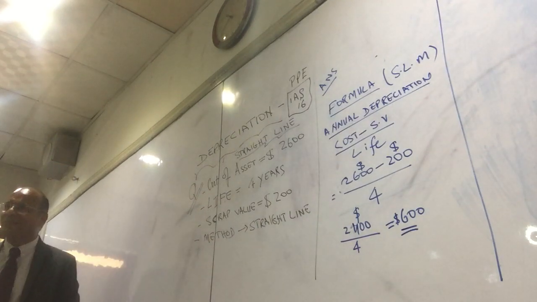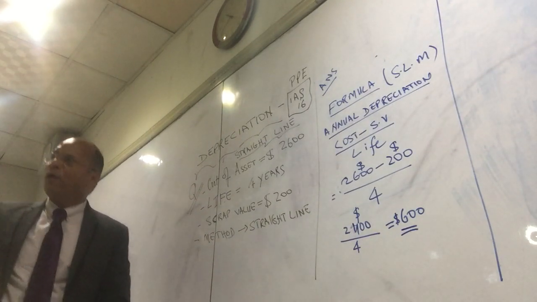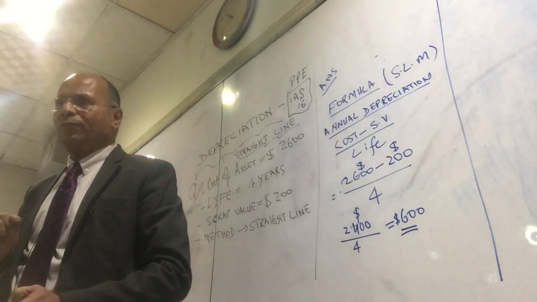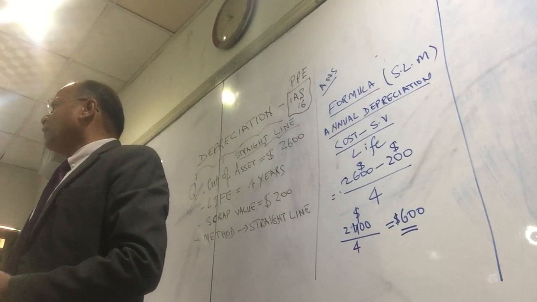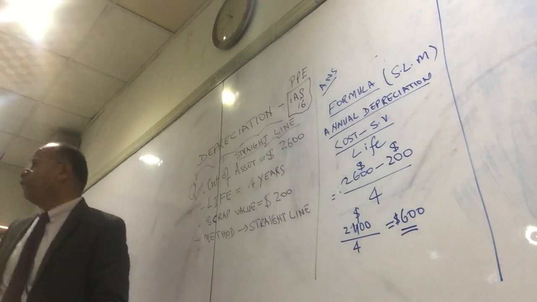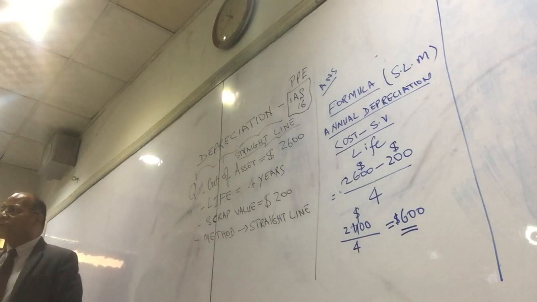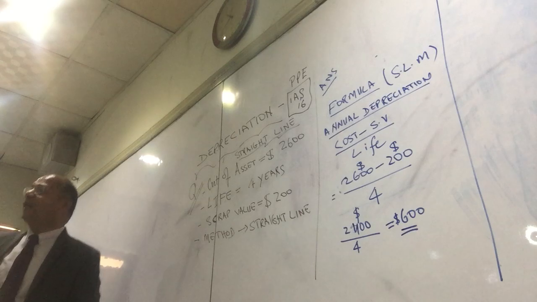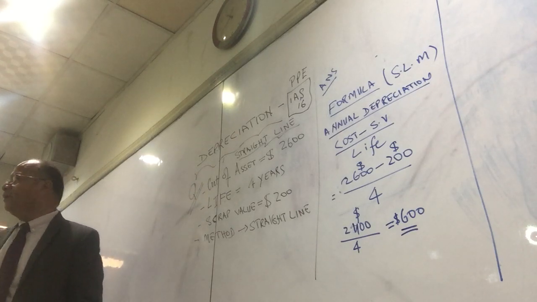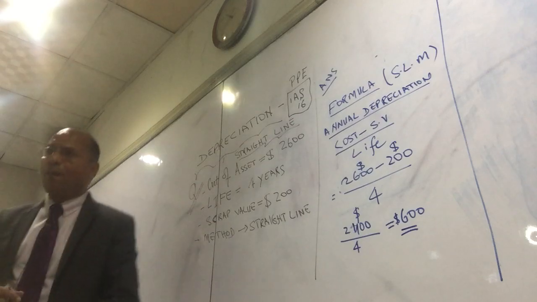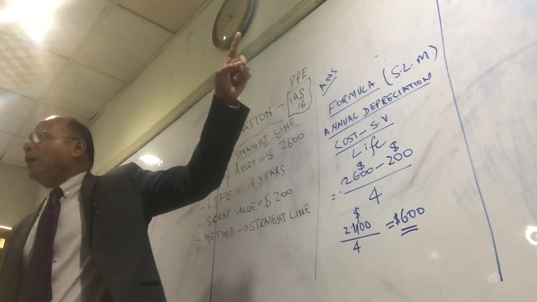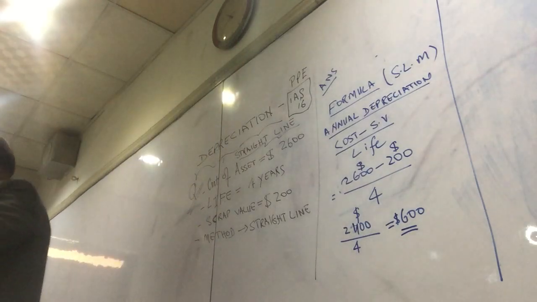Now the question arises: what title of account should I credit? If we read chapters 2, 3, 4, 5 of Business Accounting 1, as well as chapter 10, we learn there is a concept, the dual aspect concept. Every debit has a credit. So you have debited the expense account, you need to credit something as well.